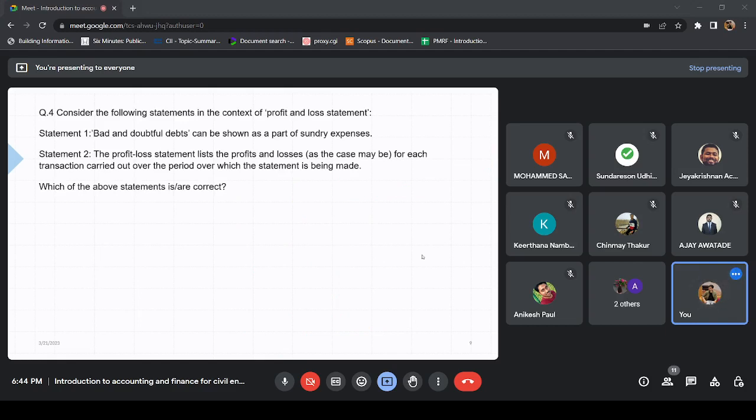Now coming to profit and loss statements. Bad and doubtful debts can be shown as a part of sundry expenses. Is this statement true or false?